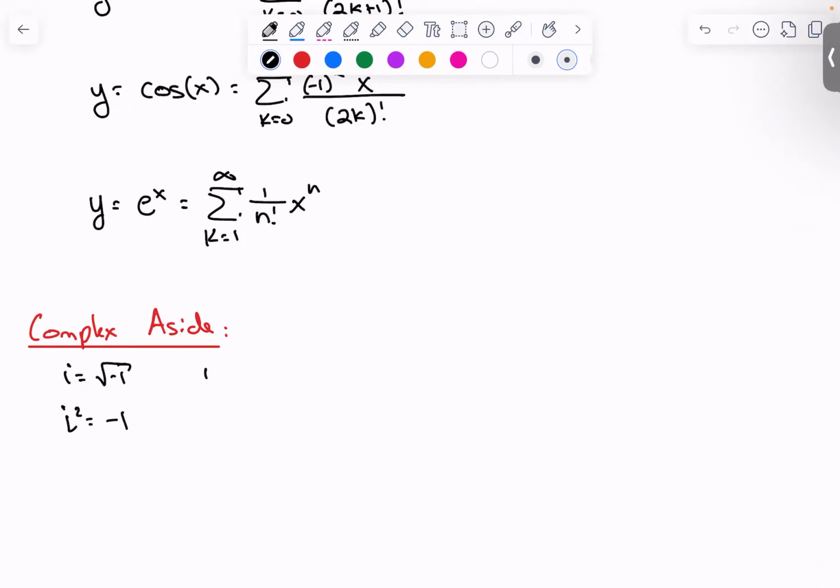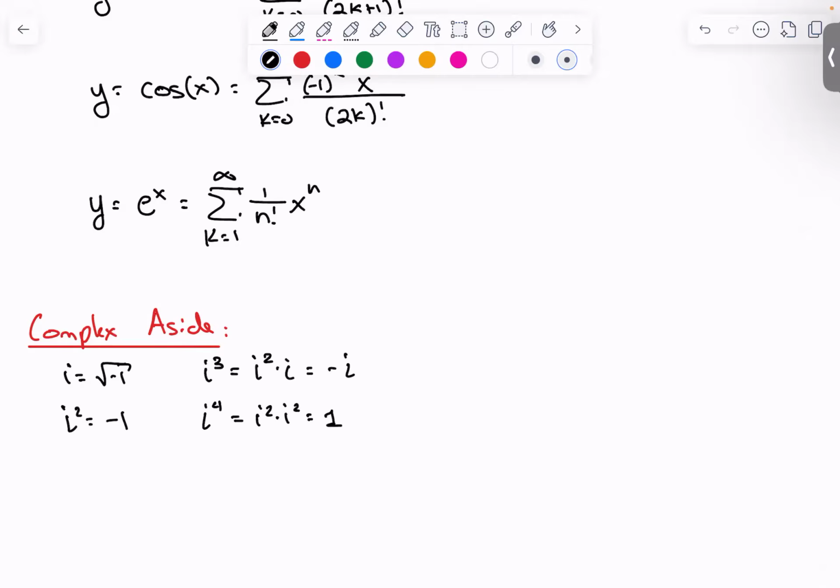Then, if you do i cubed, you end up with i squared times i, which is -i. And if you do i to the fourth, that's i squared times i squared, which is -1 times -1, which is +1. And then it's cyclic.